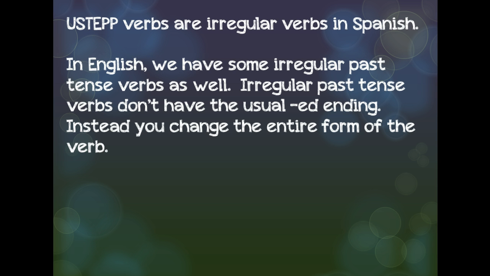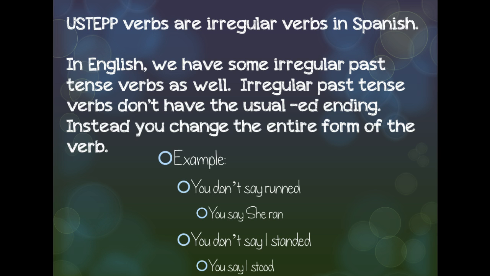So, to get started, like I said, USTEPP verbs are irregular verbs in Spanish. So some of you ask, why does Spanish have so many irregulars? Well, in English we have them too. The only difference is that in English, our past tense verbs usually end in -ed. But our irregulars do not. Instead, you have to change the entire form of the verb. For example, you would never say "she runned," you would say "she ran."